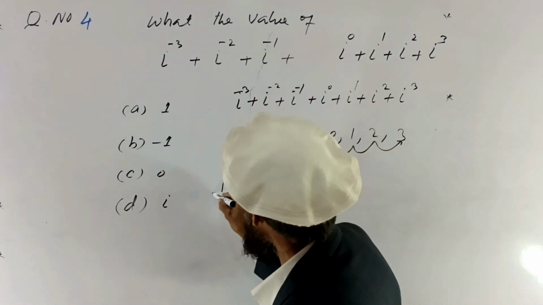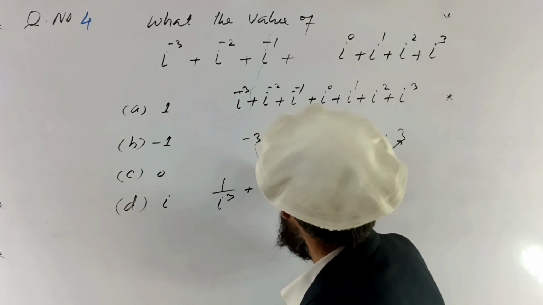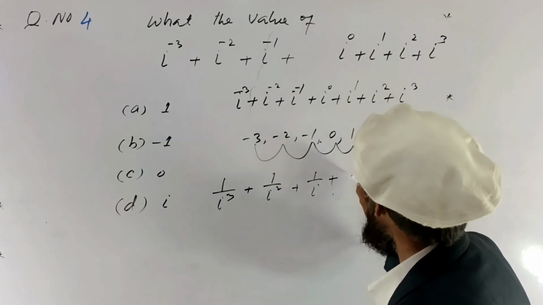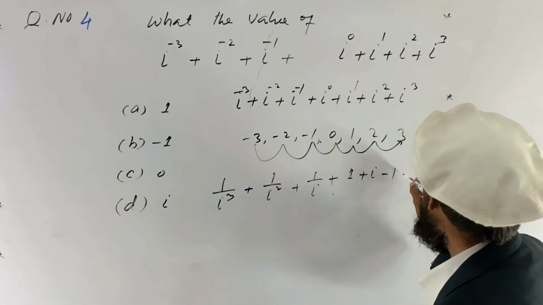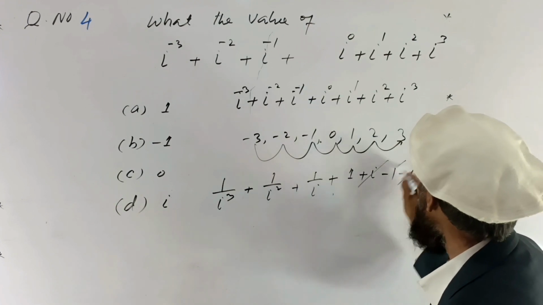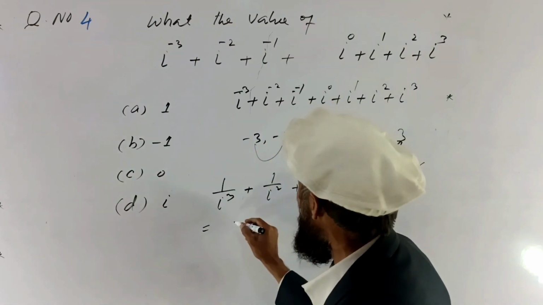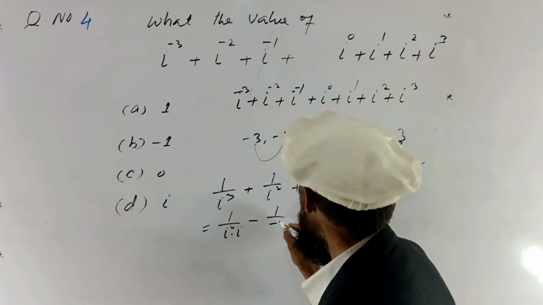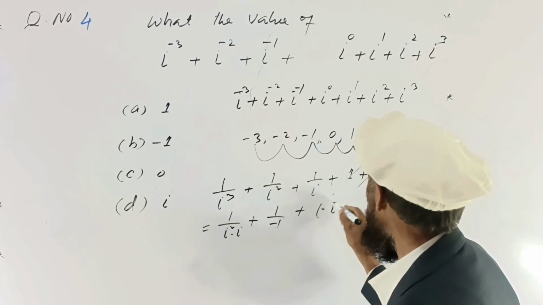How? Look here, if we are trying to solve this one, iota cube we can write, and this is iota square plus 1 over iota, and iota to the power 0 is equal to 1, and here iota square minus 1 and iota square minus iota. So this will be cancelled, both are 0. So here we get iota square into iota minus 1 plus minus 1 and plus 1 over iota we get minus iota.